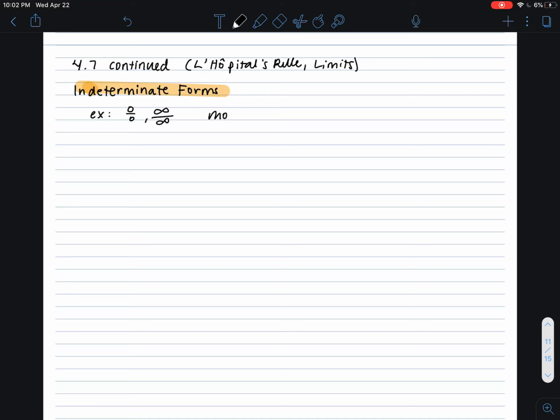But there are some more indeterminate forms. For example, 0 to the 0 power, 1 to the infinity, and infinity to the 0 power. So these are just terms that could equal different things depending on where you're approaching the limit from.